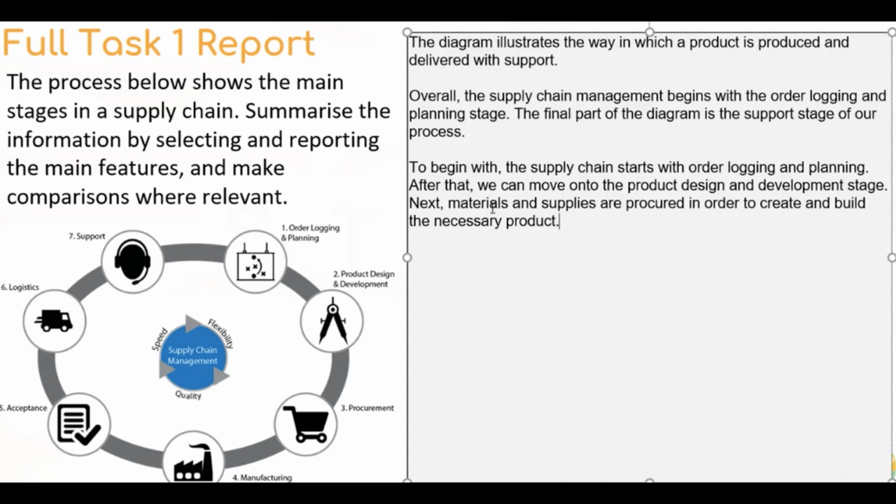Okay, let's just have a quick read back. To begin with, the supply chain starts with order logging and planning. After that, we can move on to the product design and development stage. Next, materials and supplies are procured, and there we have an example of a passive sentence, are procured in order to create and build the necessary product.